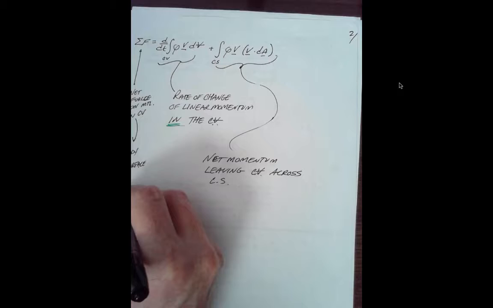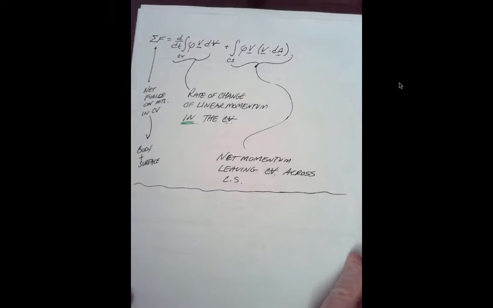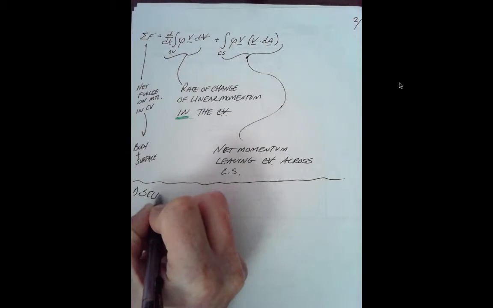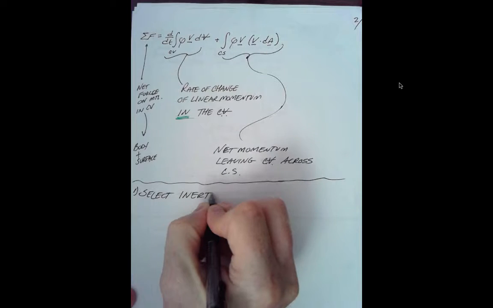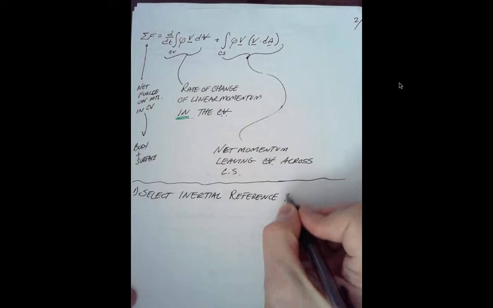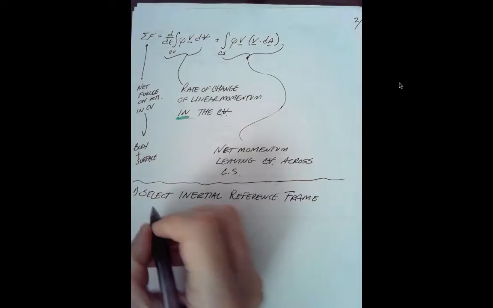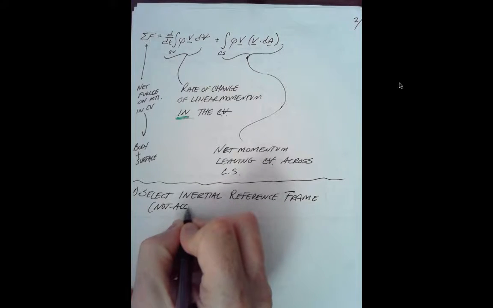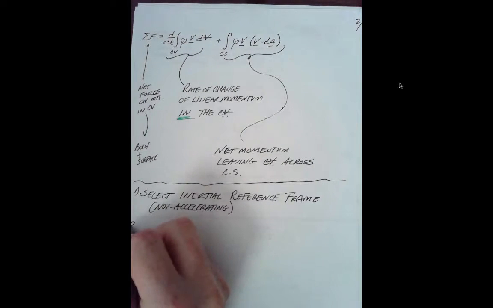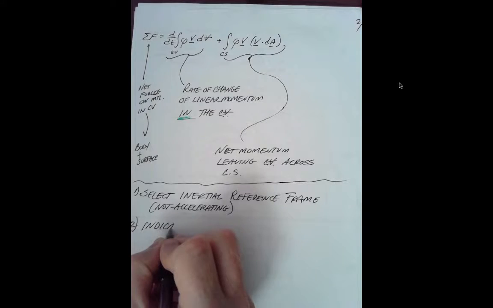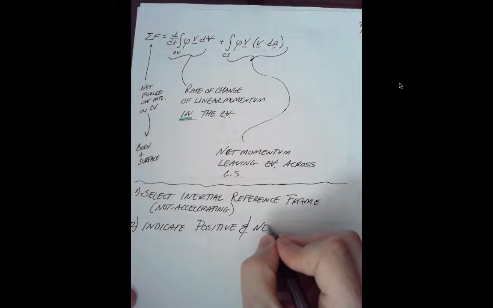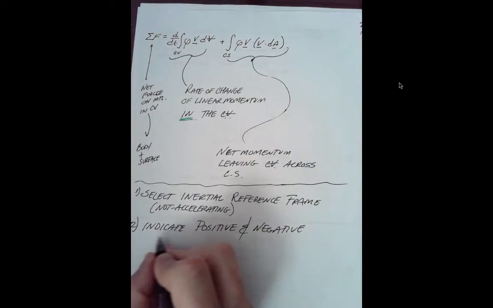To apply this, we use it much like we did with continuity of mass. We'll select an inertial reference frame. It just means it's not accelerating. Indicate positive and negative coordinate directions.